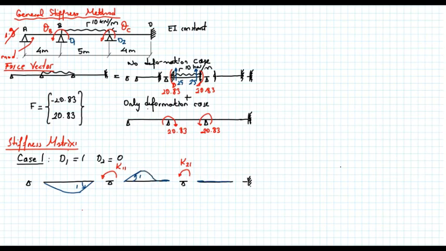And then the moments: this is equal to 3EI over 4. That moment is 4EI over 5. This one is 2EI over 5, and that's it. So transfer them to the node.